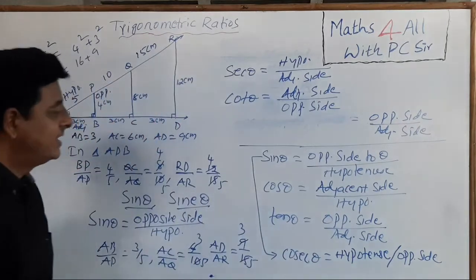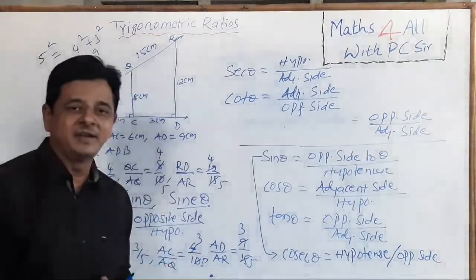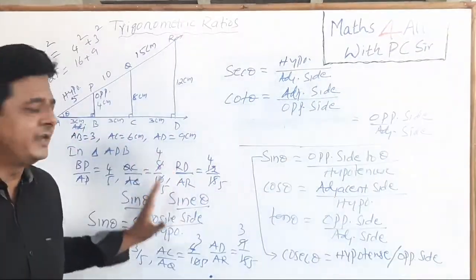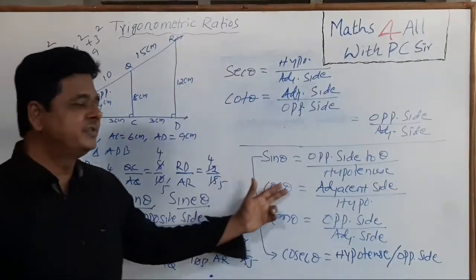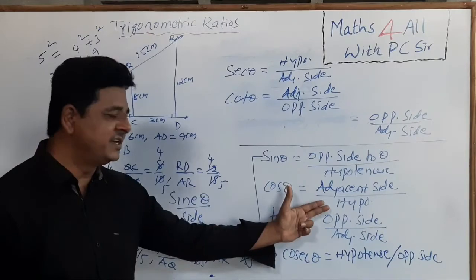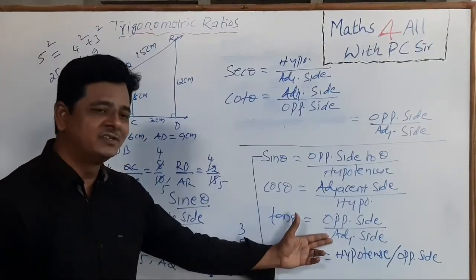Okay? And these are the fundamentals of trigonometric ratios. Before we learn trigonometry, the definition of trigonometric ratios is very important. Sin theta is equal to opposite side by hypotenuse. Cos theta is equal to adjacent side by hypotenuse. Tan theta is equal to opposite side by adjacent side.